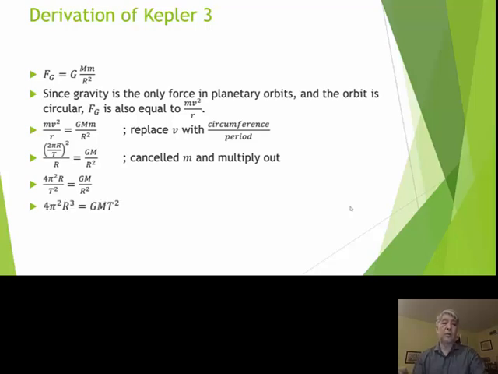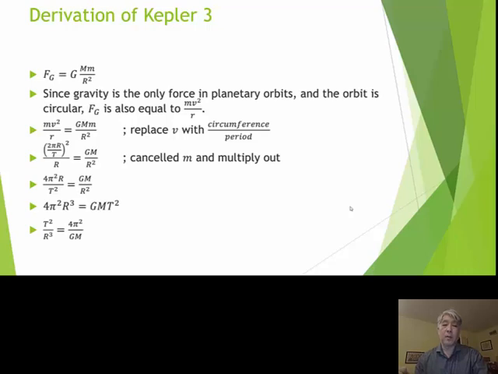Cross multiplying gives us 4 pi squared r cubed is equal to G M T squared, and then putting it in the necessary format, we have T squared over r cubed is equal to 4 pi squared over G M. So that's the derivation of Kepler 3, and we're going to see this aspect of setting G M m over r squared, Newton's gravitational law, equal to centripetal force throughout this unit. So it's important to know that derivation and what the various letters stand for.